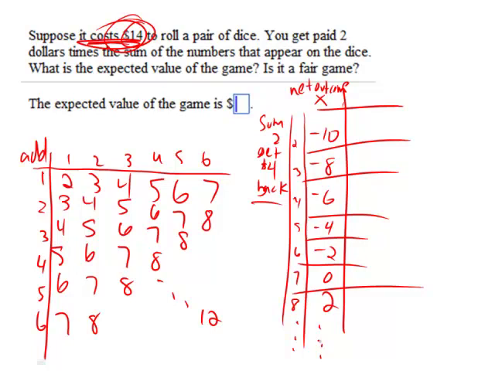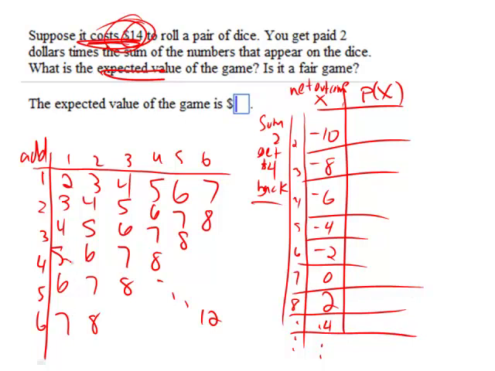Well, how do you find expected value? After you have the net outcome, you multiply that by the probability of that happening. What's the chance? What's going to happen here basically is that there's a symmetry going on. All these negatives will balance out with the positives because they have the same probability.